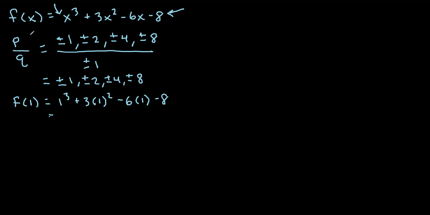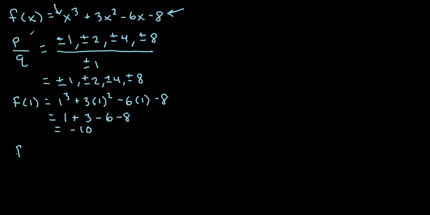So 1 cubed is 1, plus 3 times 1 squared, that's 3 times 1, which is 3, minus 6 times 1, that's minus 6, and then minus 8. That would be equal to 1 plus 3, that's 4, minus 6 is -2, minus 8 is -10. So that does not equal 0. That means the value 1 is not one of our zeros of this function. So let's try another one.